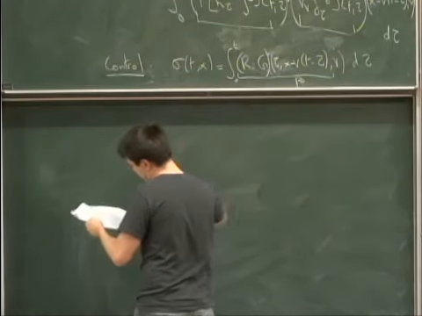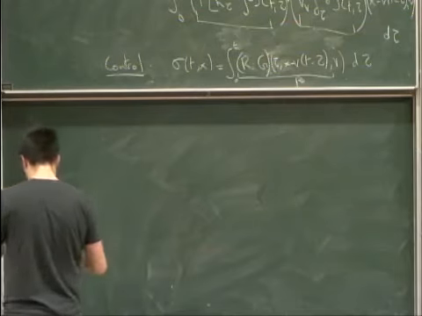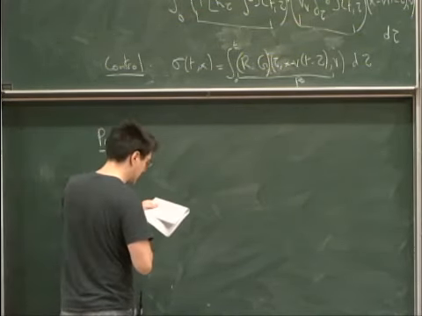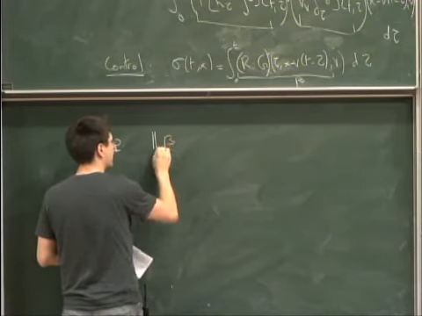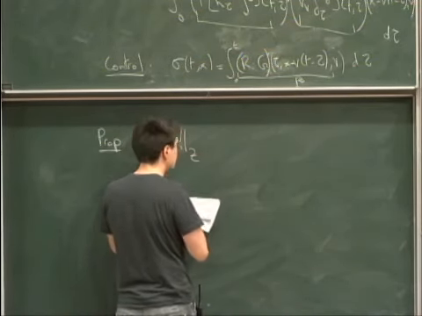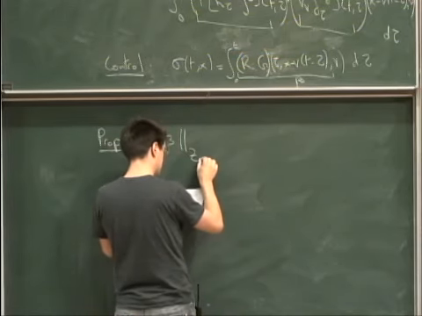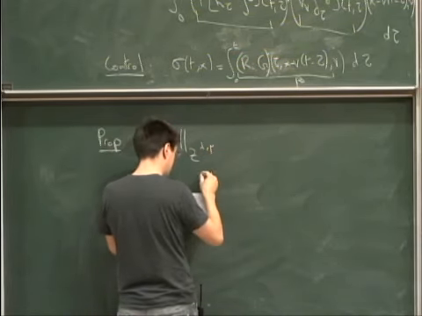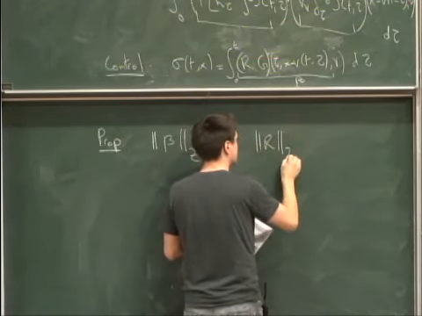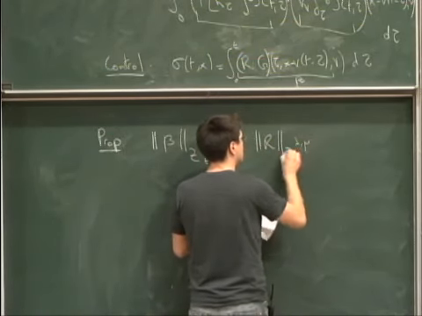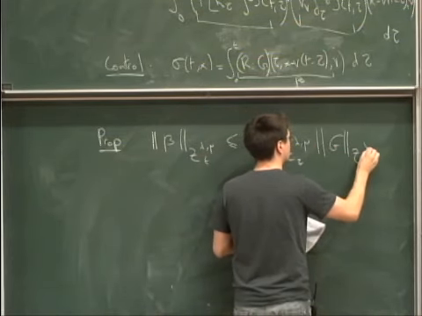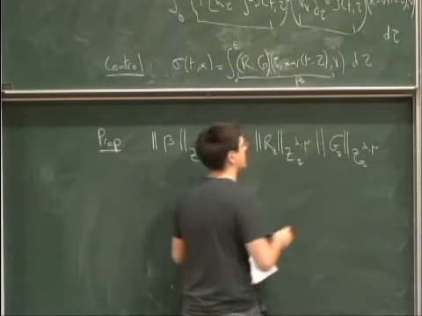And the kind of thing we want to prove is the following. So first thing is that beta estimated in the Z_lambda,mu norm at time t is less than the R norm in Z_lambda,mu at tau times the G norm in Z_lambda,mu at tau.